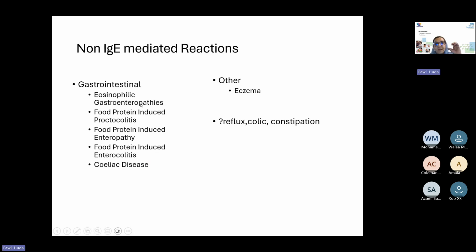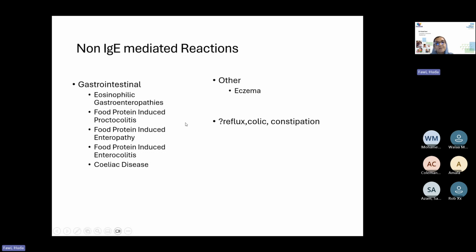Non-IgE reactions, I'm just going to name them. This is a topic for one of the other sessions. So GIT: eosinophilic gastroenteropathy, food protein proctocolitis, food protein-induced enteropathy, food protein-induced enterocolitis. They all are non-IgE-mediated reactions.